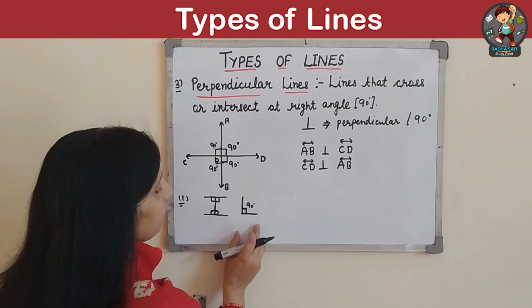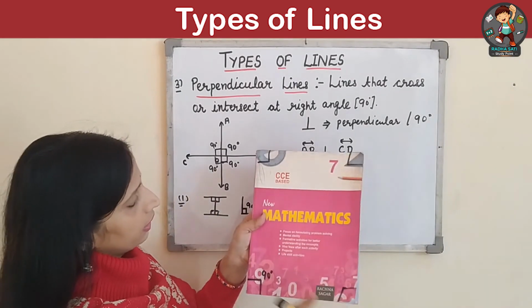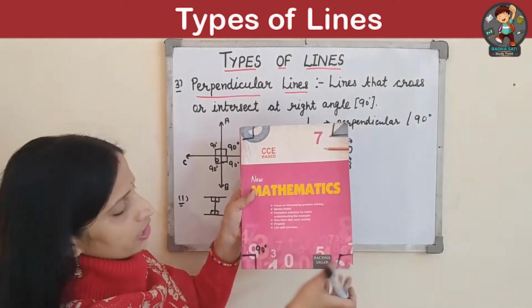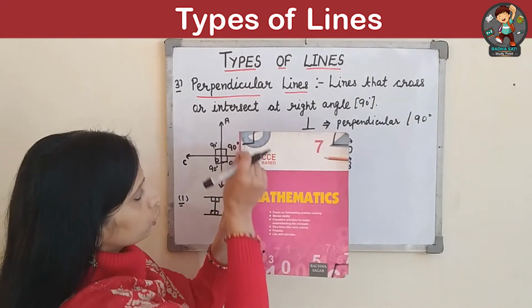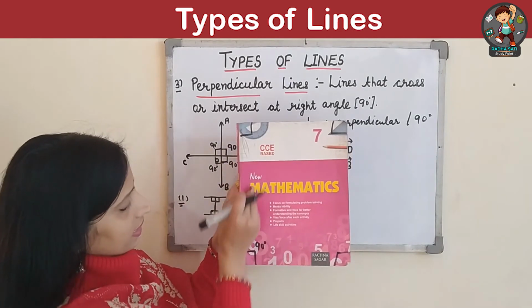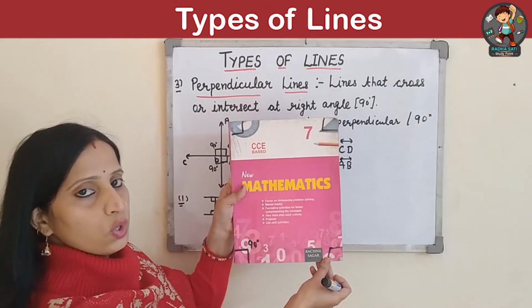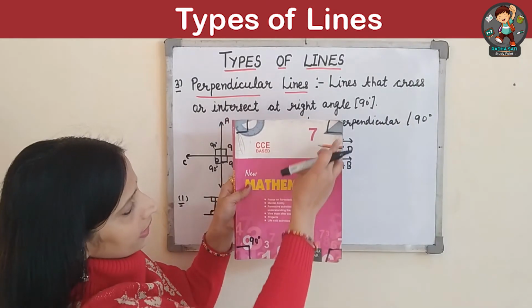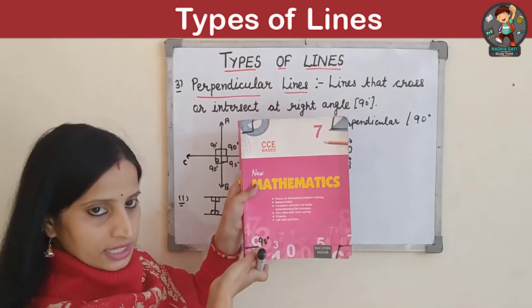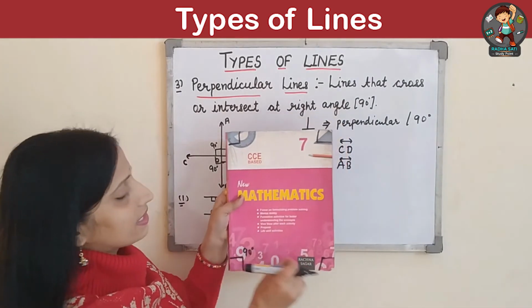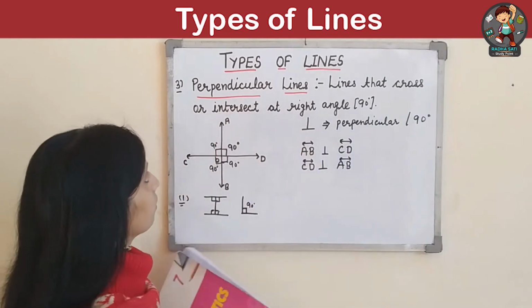Another example, you can see in your book. In your book, at every corner, the angle of 90 degree is getting formed. So these adjacent sides, this side and this side, are perpendicular to each other, or we can say that this side is perpendicular to this side. So the adjacent sides will be perpendicular to each other.